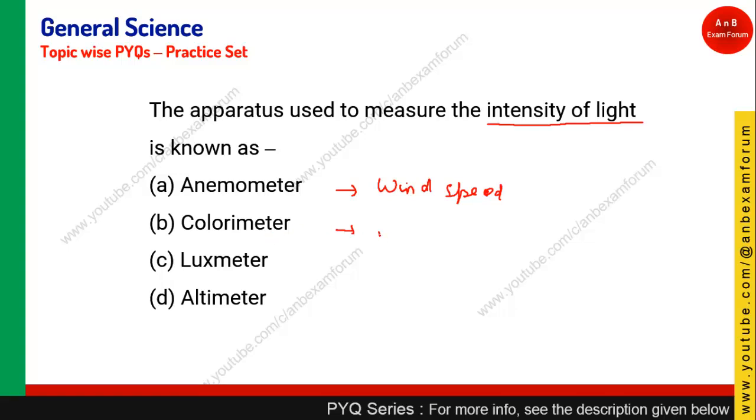The next one is lux meter. You know one of the units of light is lux, so you can relate with that. Lux meter is going to measure the intensity of light, so this is right. And altimeter, as I told you, is going to measure the altitude or the height. Okay, so option C is the right answer.